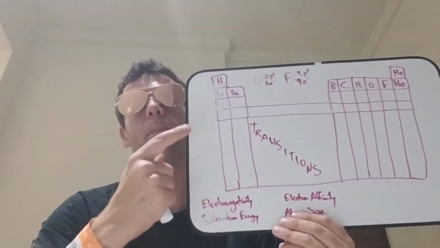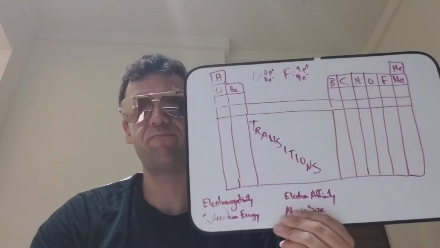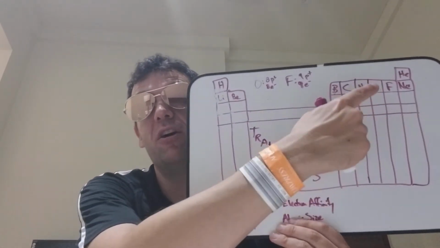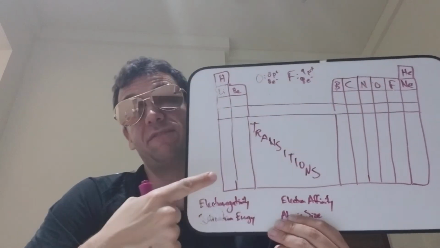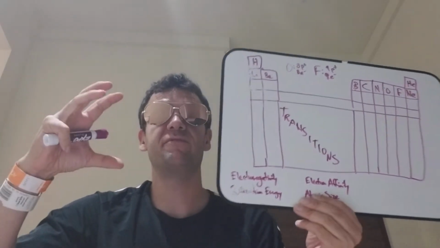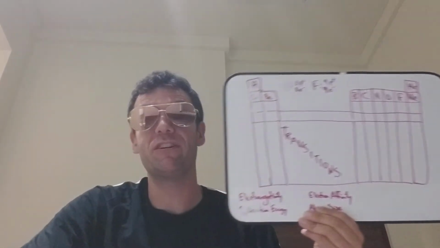There are more energy levels further away from the nucleus. That's why something down here is bigger than something up here. It's all based on those energy levels being far away from the nucleus as you move down the periodic table, and closer to the nucleus as you get closer to the top of the periodic table.